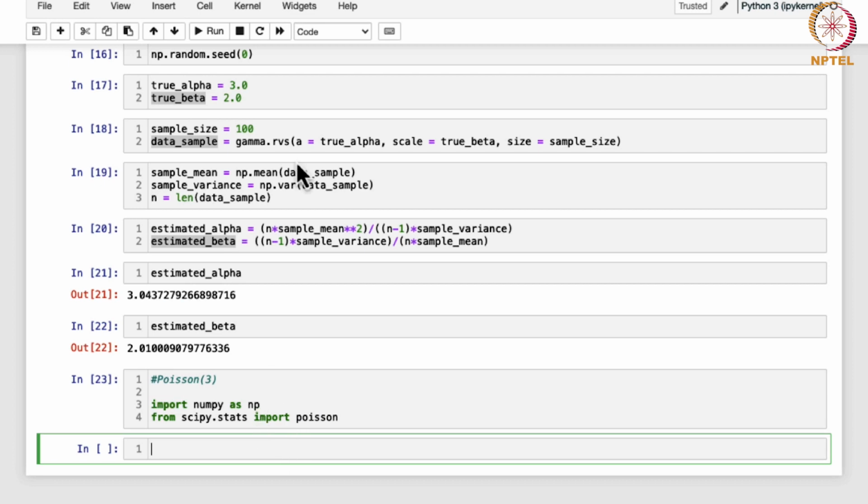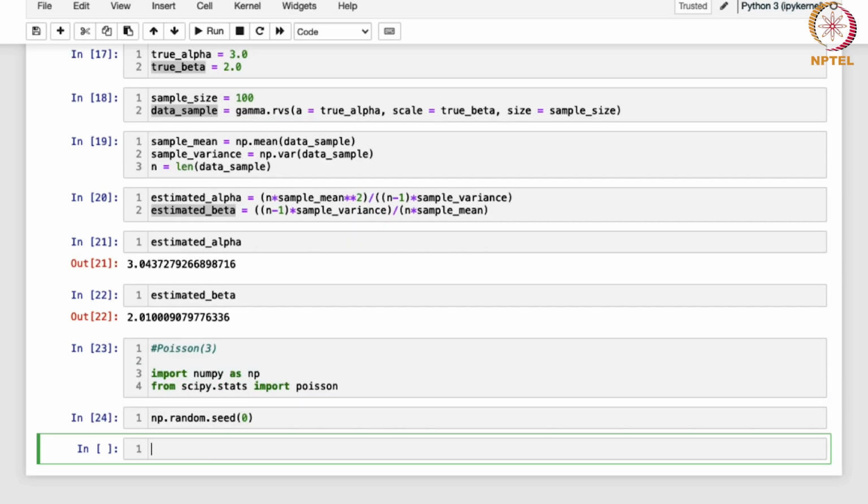Let us set the random seed, np dot random dot seed, as 0, and let the true lambda be 3, as I mentioned above also.